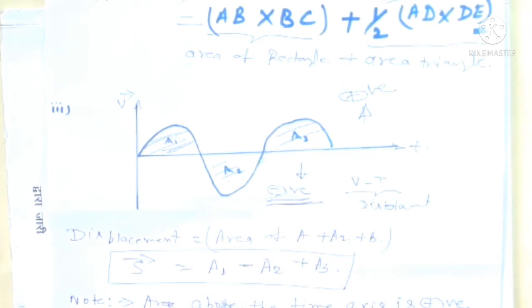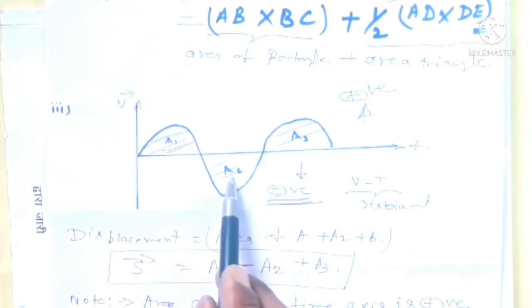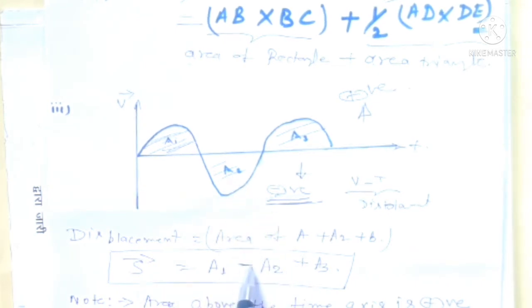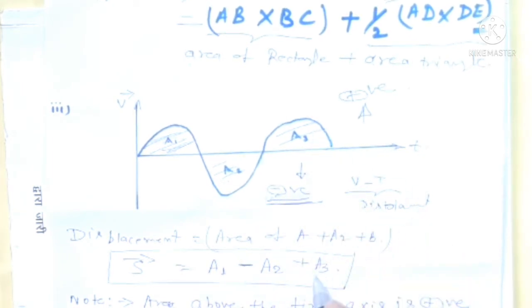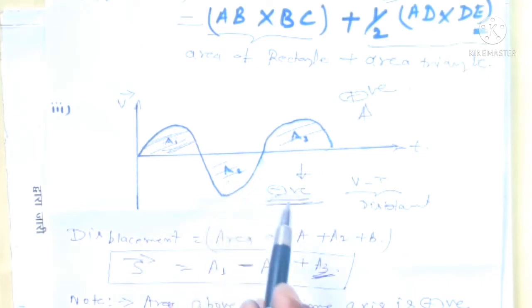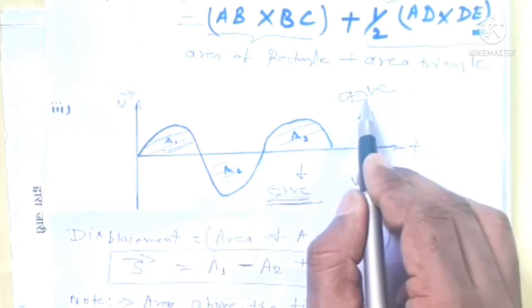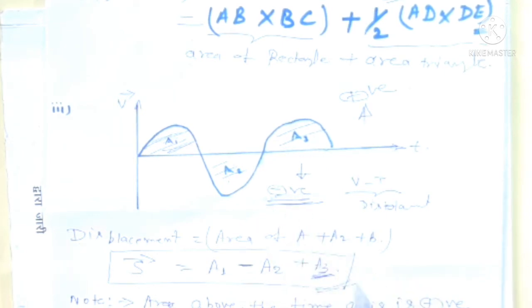So area is equal to A1 above the time axis positive, A2 below the time axis negative, and A3 above the time axis positive. So displacement is this area, with above the time axis positive and below the time axis negative.